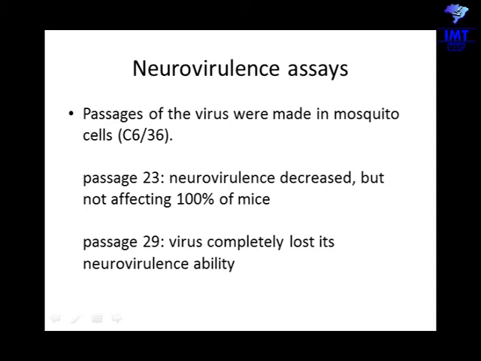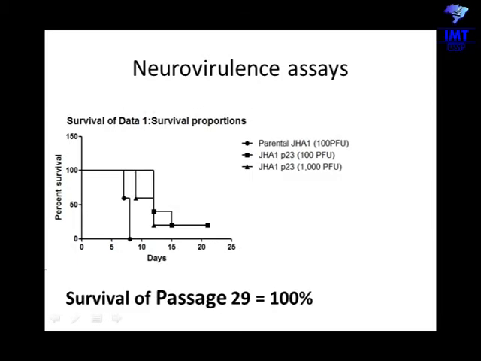In passage 29, the JH virus completely lost its neurovirulence. This graph represents the decrease of mortality in passage 23, and in passage 29 survivors are 100%.